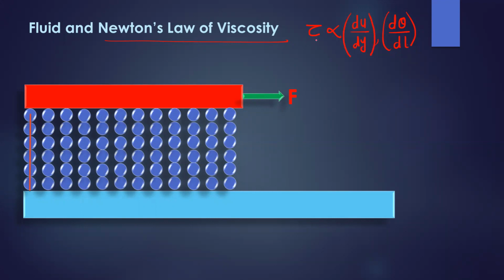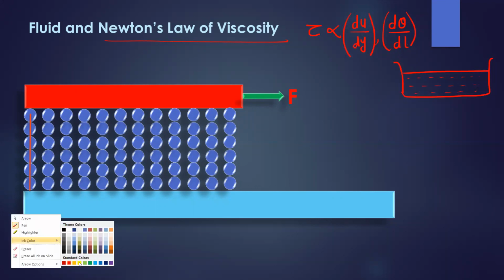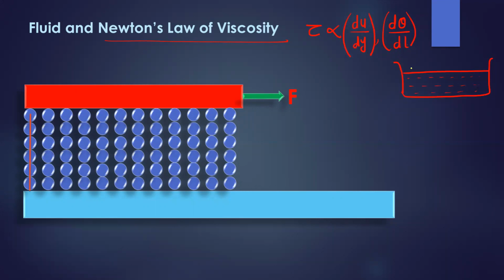Here we can understand this with the help of this diagram or animation. Just imagine you have one container. In the container there is a liquid, and on the top surface there is one object floating.